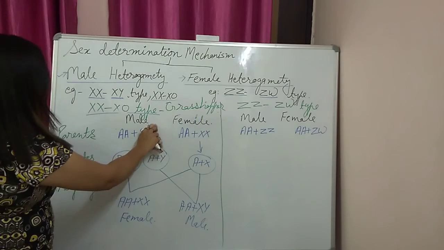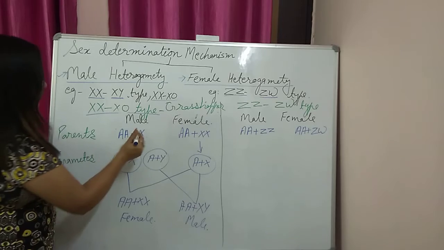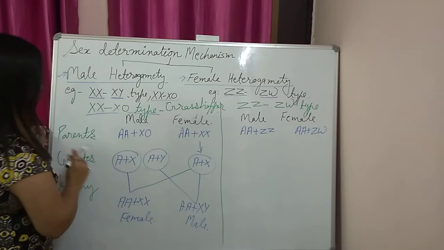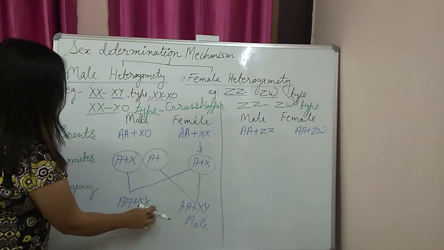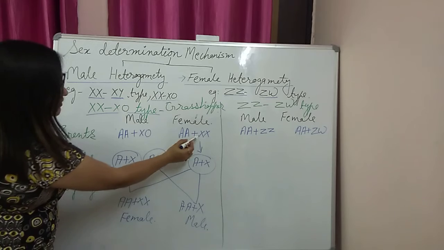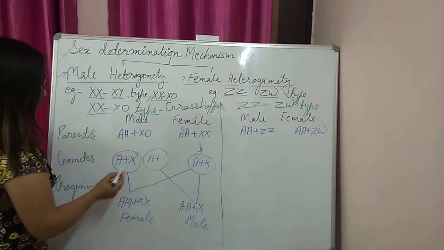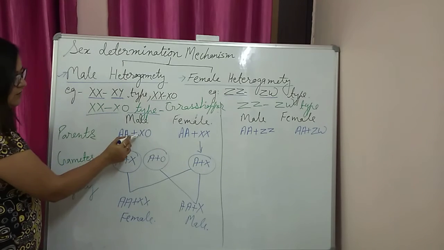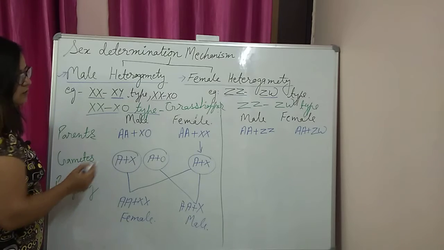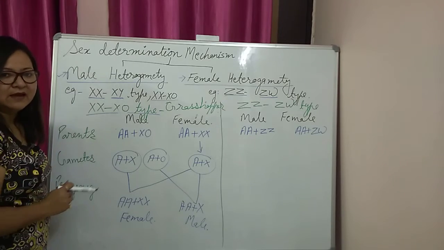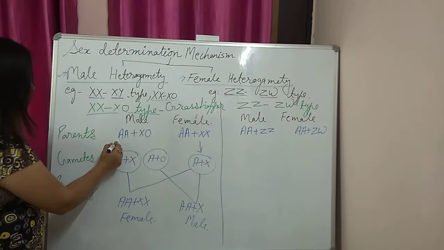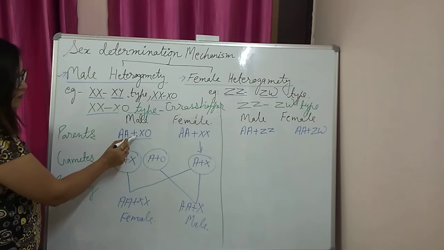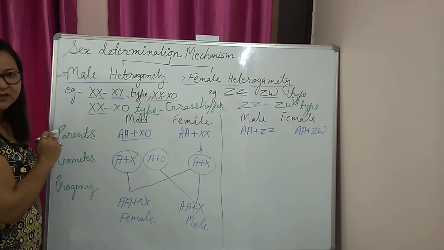In the grasshopper, the male has only one X chromosome while the female has similar sex chromosomes, that is X and X. So there is no second chromosome, only one X chromosome, and in the second space we use the alphabet O. So this is the genotype for the male.